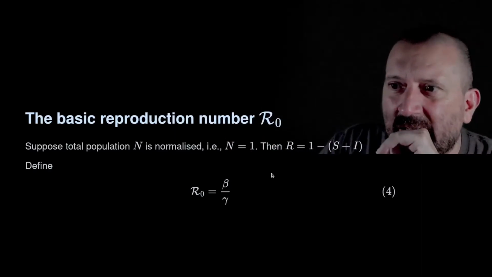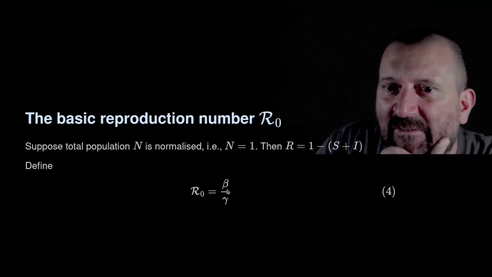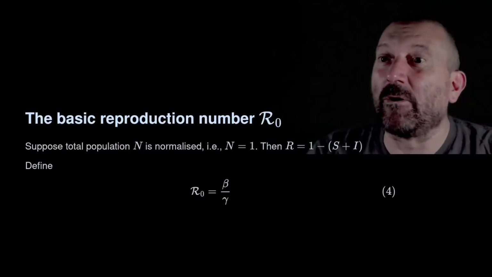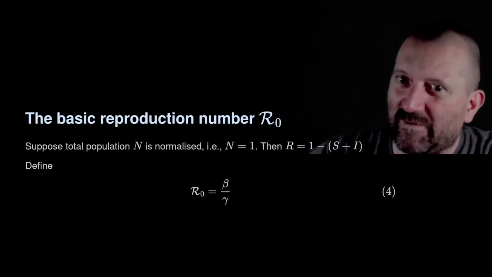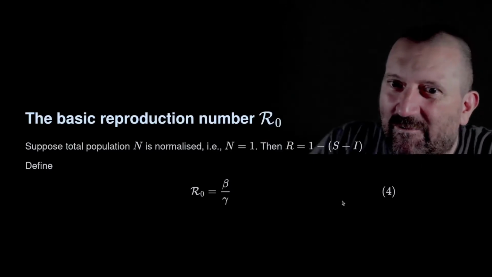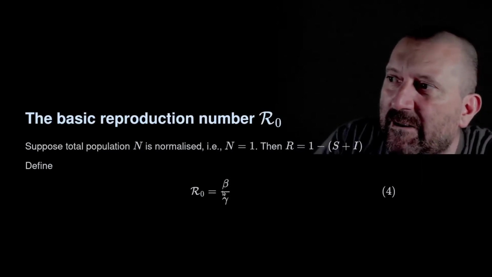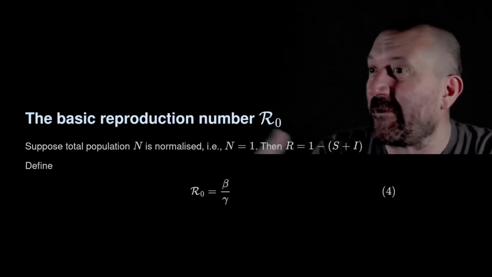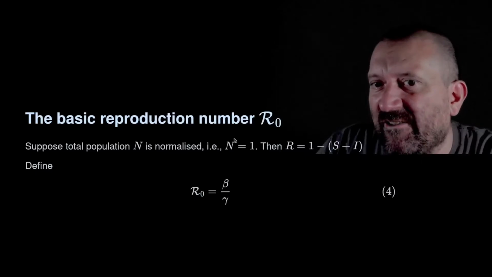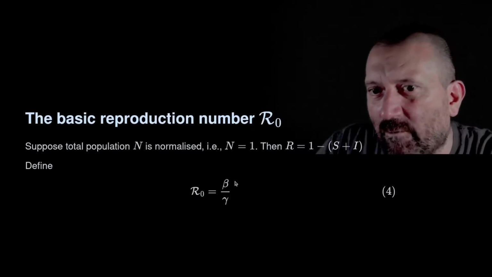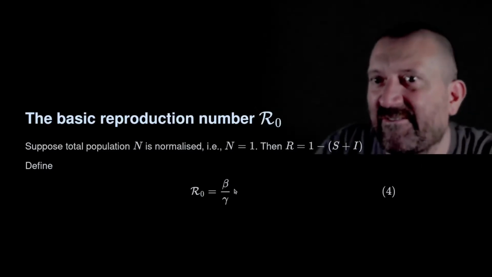Just in passing, this is beta times 1 over gamma, and remember I said 1 over gamma is the average time you spend in I before moving to R. So it's essentially the probability of infection multiplied by how long on average you're infectious for. It's this simple because I've normalized to N equals 1. Otherwise, normally I should multiply this number by S0.